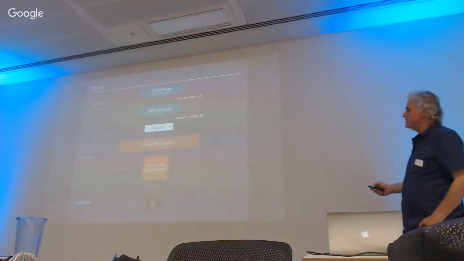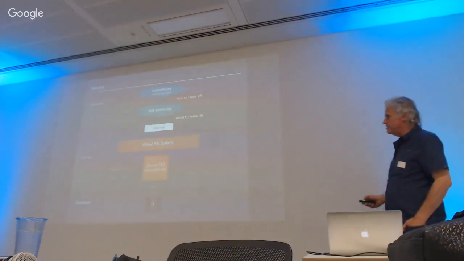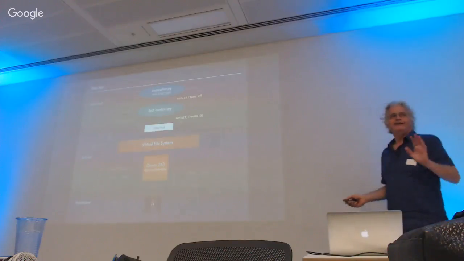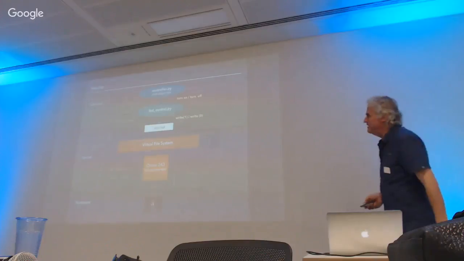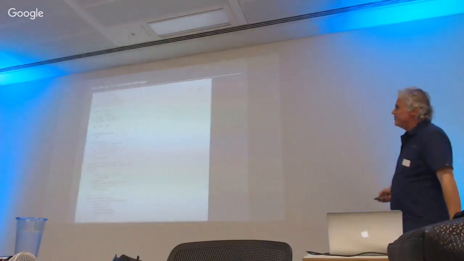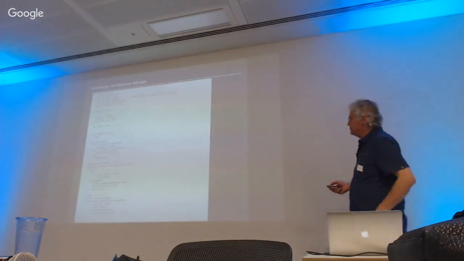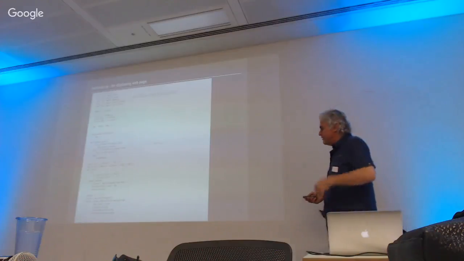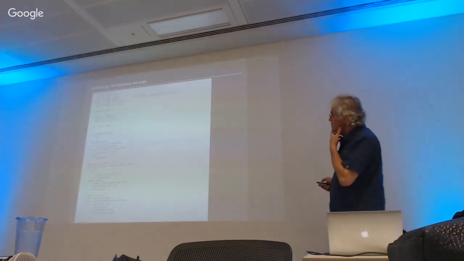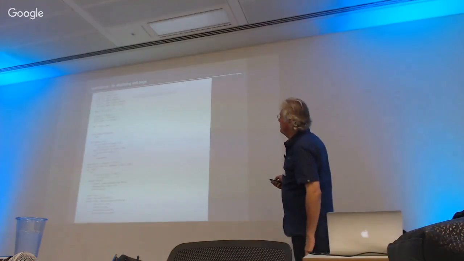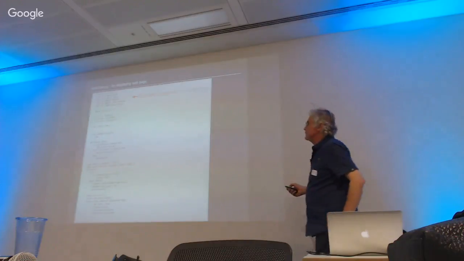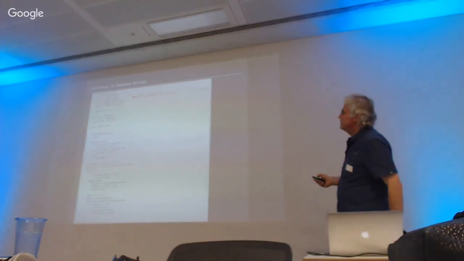But we'll have a quick look at this code and then a quick look at this code, but we won't spend too long on this because it's a huge piece of code. But just to give you an idea what the difference in code sizes is. So the code for the web page, that's pretty much it. Not a lot there. We use a thing called the Flask web framework.